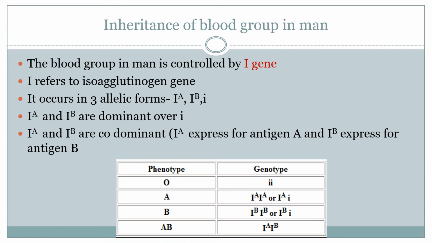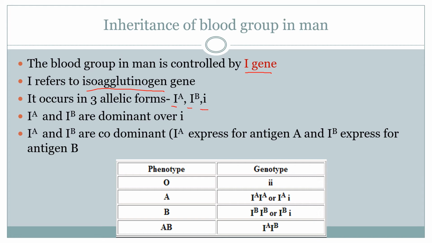The blood group in man is controlled by a gene and that gene is known as the I gene. I stands for isoagglutinogen. And this I gene occurs in three allelic forms, that is IA, IB and small letter i.